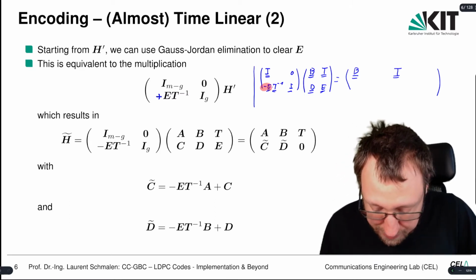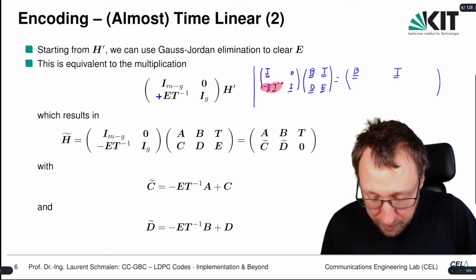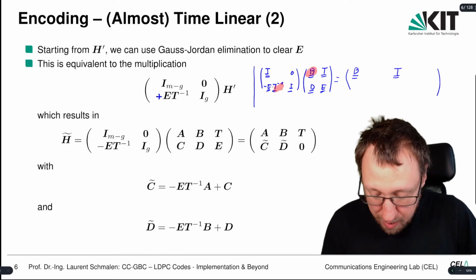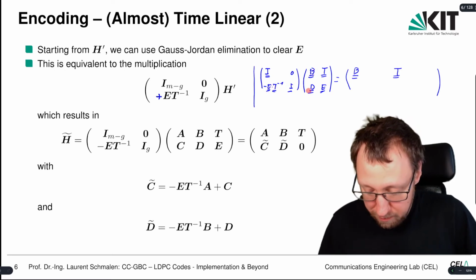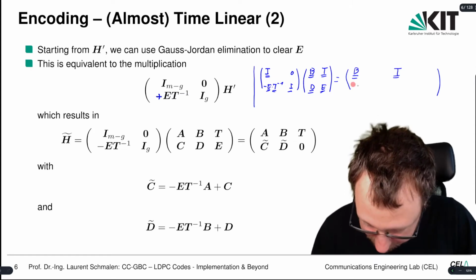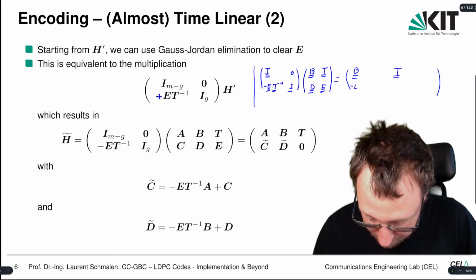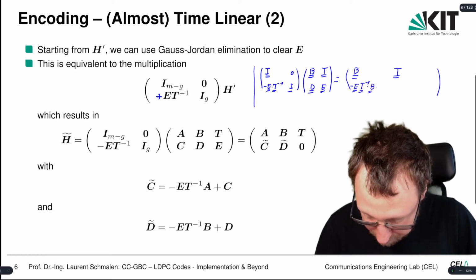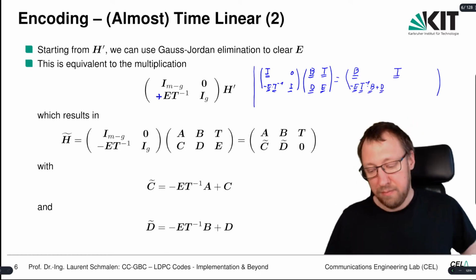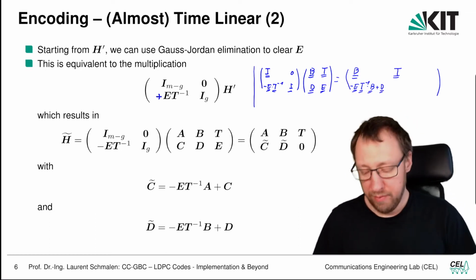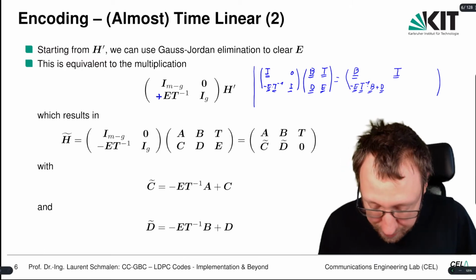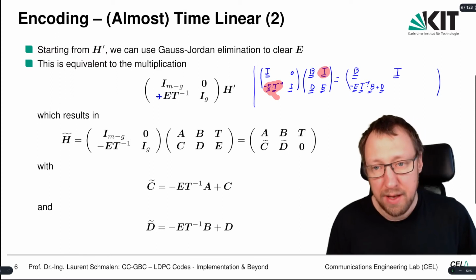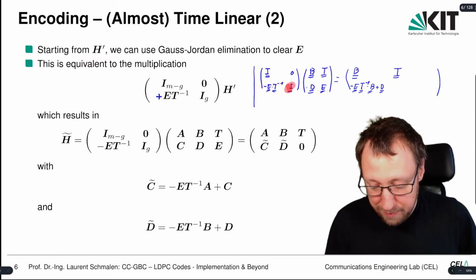Minus E times T to the power minus 1 times B plus the identity matrix times D. So this is minus E T to the power minus 1 times B plus D. We have to live with that one. And then we have minus E times T to the power minus 1 times T plus the identity matrix times E.